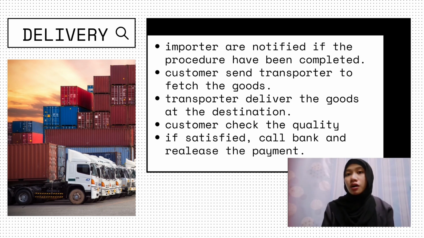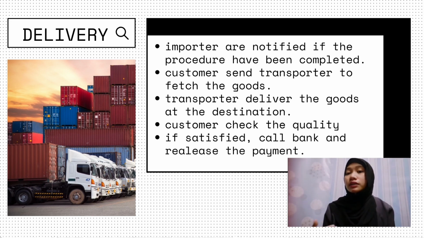This shows that when the cargo has arrived, the importer will be notified to fetch the cargo. Then, the importer will send a transporter to fetch the cargo. For example, importer Nana sends the truck to pick up the cargo. Then, the truck will deliver the cargo to the right destination that has been informed.